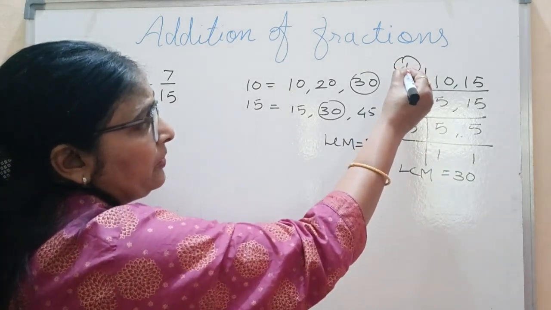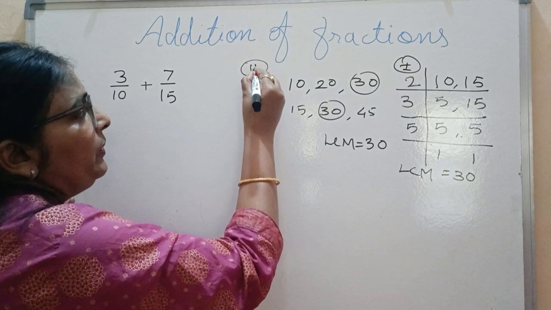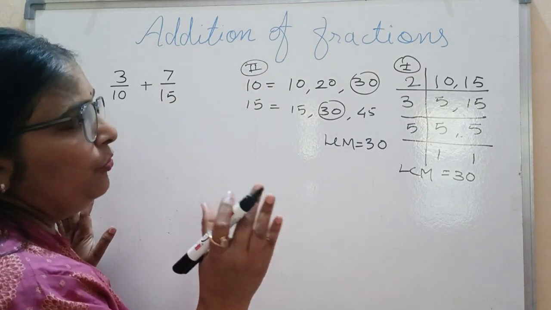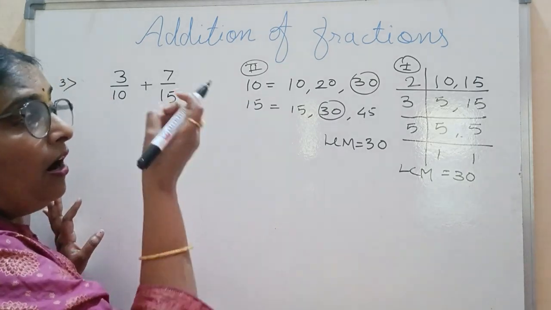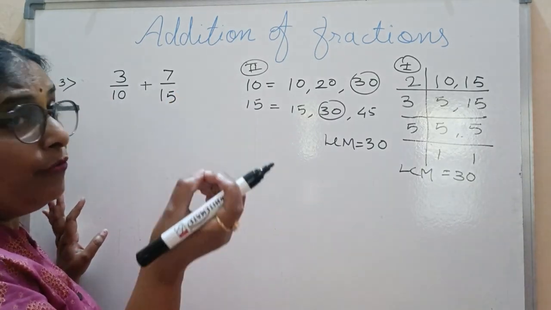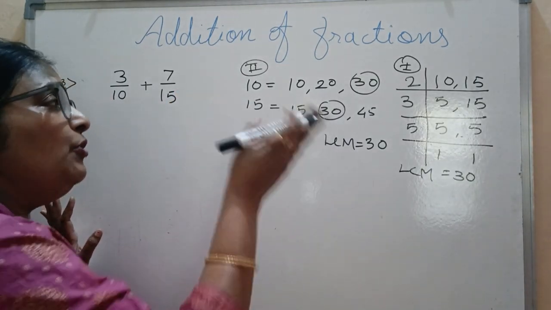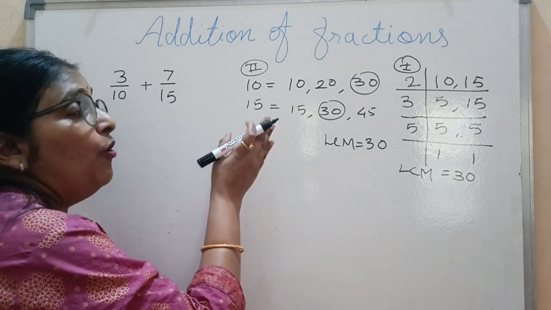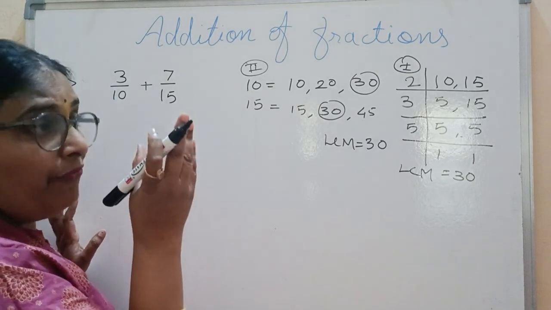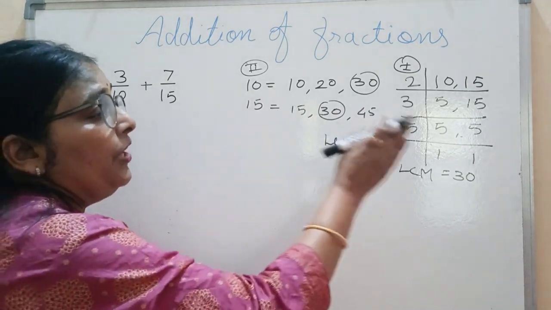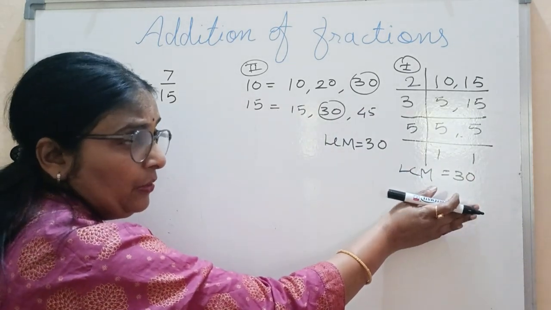Okay. These two methods I have told now. This is first one method and this is second method. But I will suggest you all that when denominators are small, you know about the tables, then you use this for small denominators. Yes, if denominators are large ones, then you can use this method. Okay.